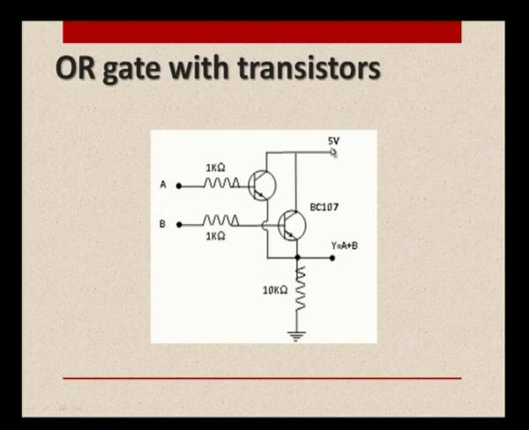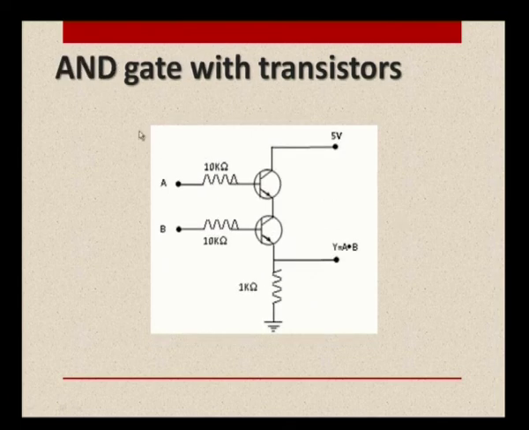Again, there is a VCC required for them, but the operations are similar, and the point to be noted here is that the output is measured not across the collector and the ground, but across the emitter and the ground. The two emitters are connected together here. So, these two transistors actually act as the diodes which we used in the earlier circuit which we have seen.